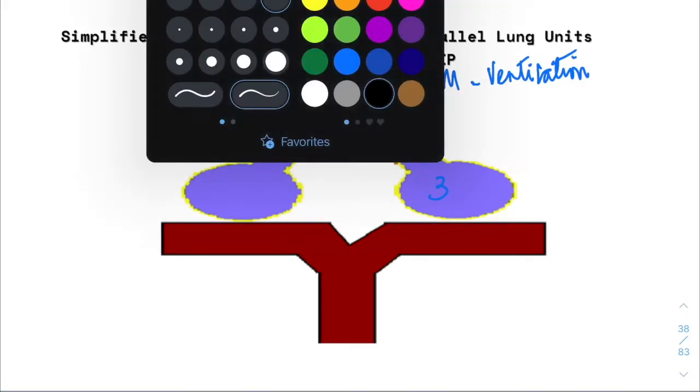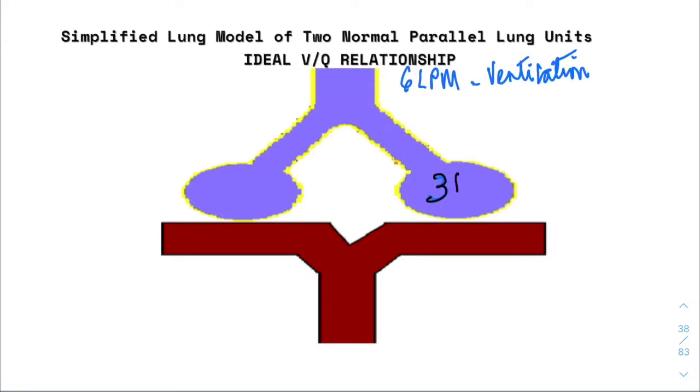For example, if the minute ventilation is 6 liters per minute, you are receiving 6 liters of air for gas exchange, and this will be distributed evenly to the respiratory units. So 3 liters on the right side, and another 3 liters will go to the left respiratory unit.